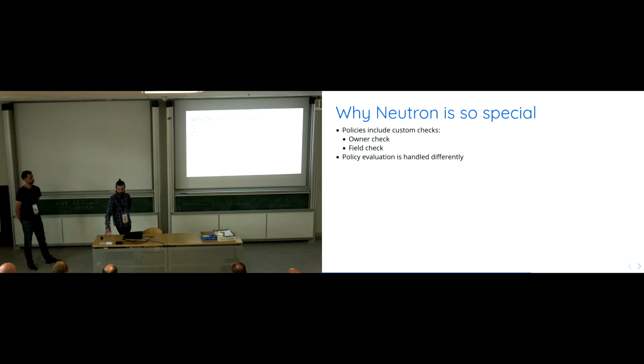Imagine you have a project with 1,000 ports, you have 1,000 evaluations to filter out ports, and then you have an additional 10,000 policy evaluations to check every single attribute to filter out the attributes that the user is not able to see. While a single Oslo policy evaluation takes just microseconds, in this particular use case it immediately becomes 10-20 seconds just for policy evaluation.